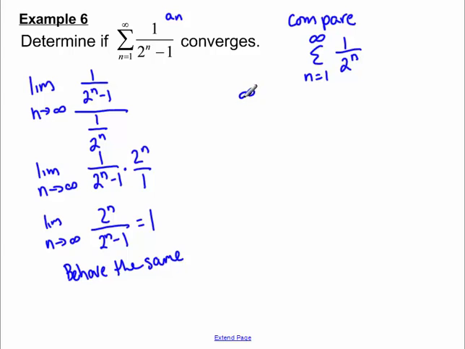As we go to infinity, this 1 over 2 to the n equals, look here, it's a trick.